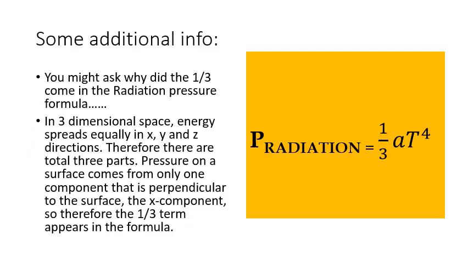In the previous slide, you might be interested in knowing why this 1 by 3 is in the formula of the radiation pressure. As we know, in three-dimensional space, energy has to spread out equally in all directions, and therefore in the XYZ directions primarily, we have in total three parts.